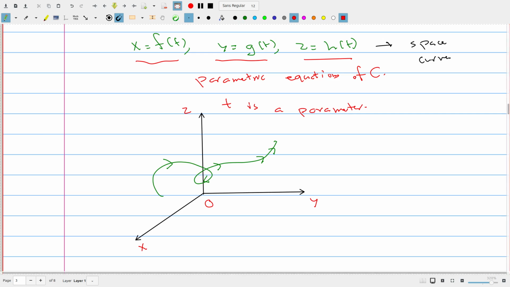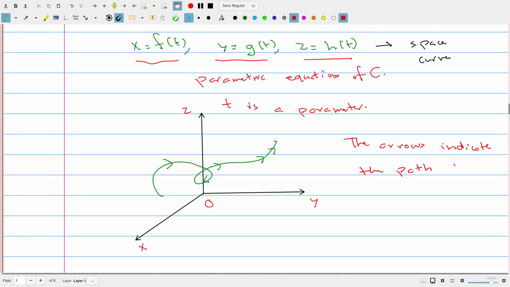The arrows indicate the path taken by the curve, in the direction of increasing t.